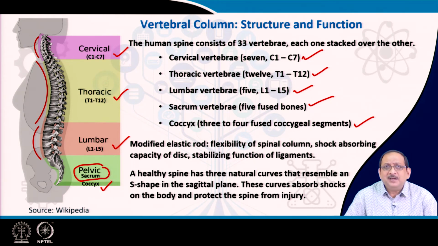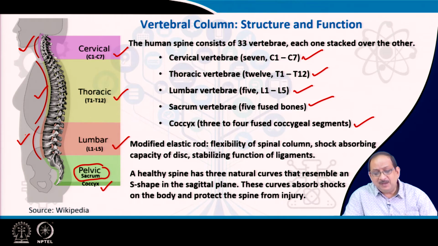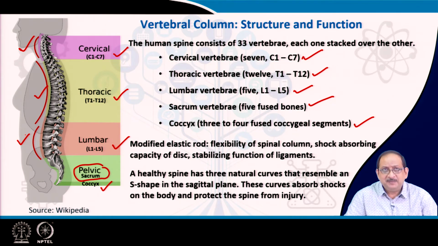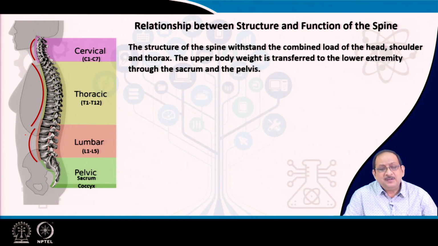A healthy spine has 3 natural curves that resemble an S shape in the sagittal plane. These curves absorb shocks on the body and protect the spine from injury. Let us discuss the relationship between the structure and function of the spine.